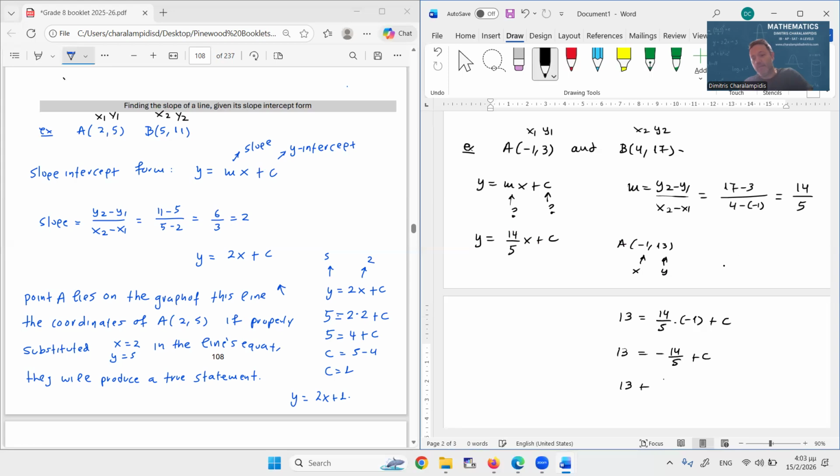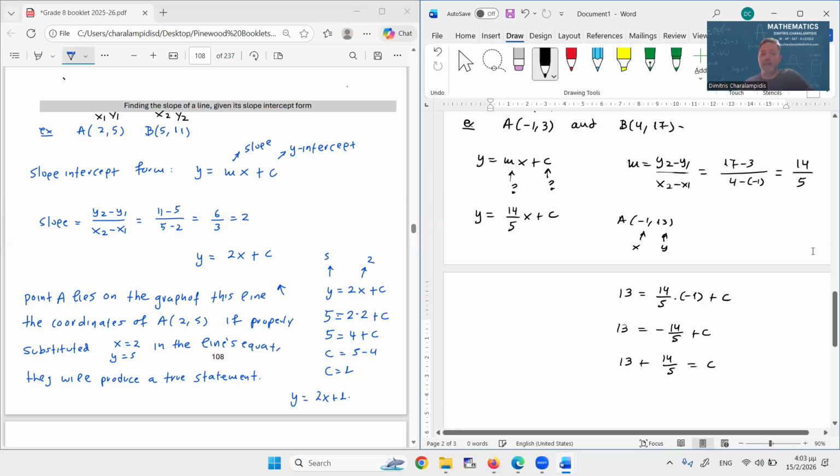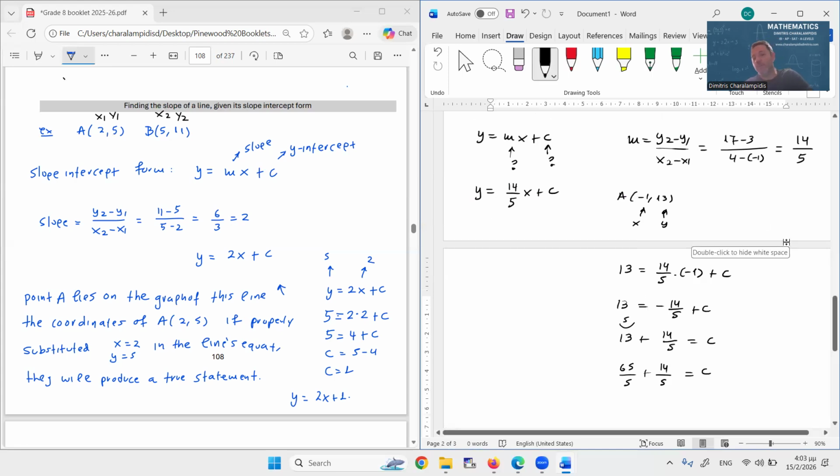13 plus 14 over 5 equals c. Now I will just need to rewrite them. 13 times 5 is 65 over 5 plus 14 over 5 is c, which means that in the end it's 79 over 5 equals c.